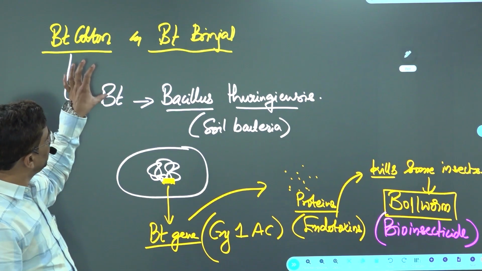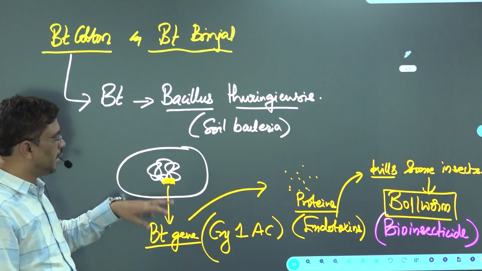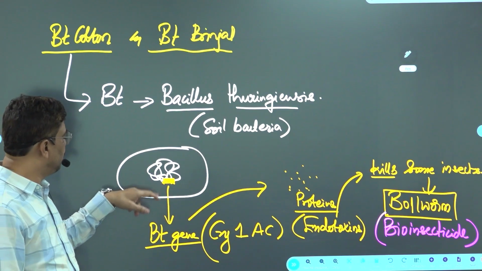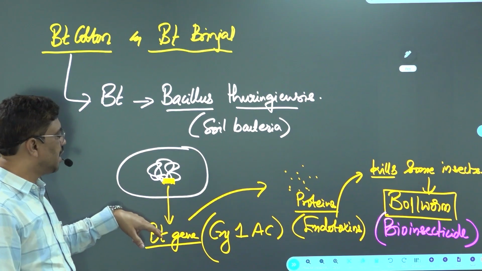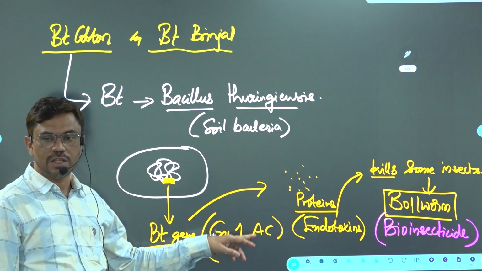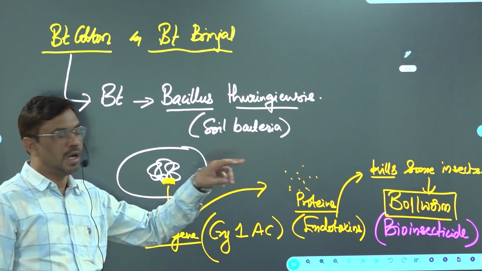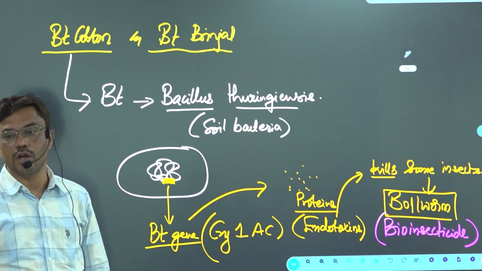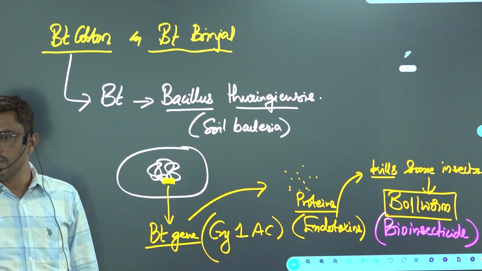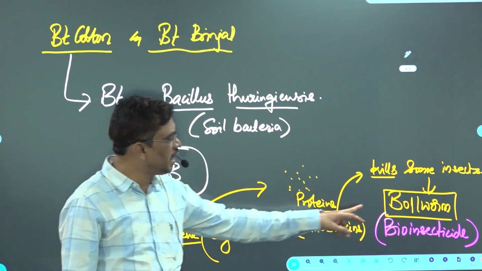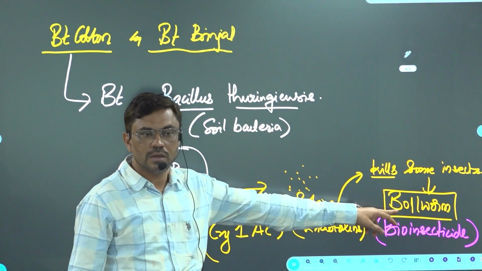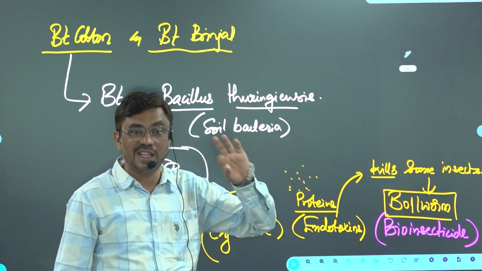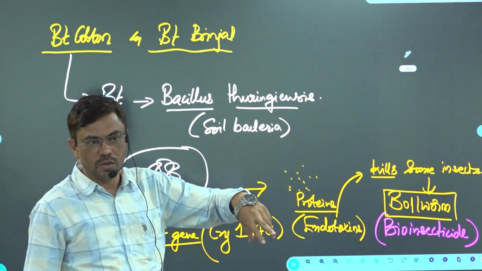So from Bacillus thuringiensis soil bacteria, a gene called BT gene or Cry1Ac gene is there. From this Cry1Ac gene, certain proteins are released, and these proteins act as endotoxins. They fight against some insects, particularly against bollworms. In Telugu, it is ladde purugu, senaga pacha purugu. Okay, bollworm.